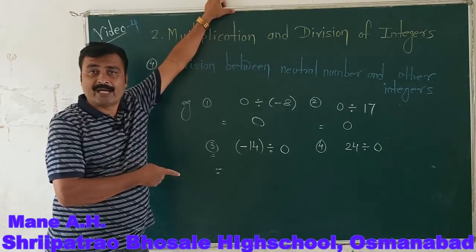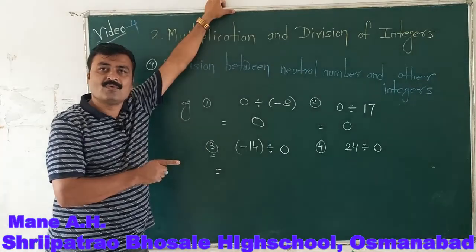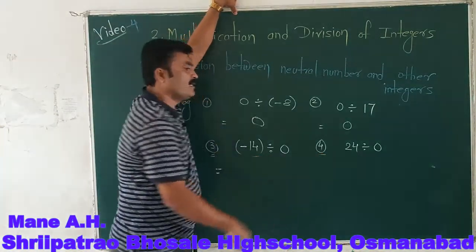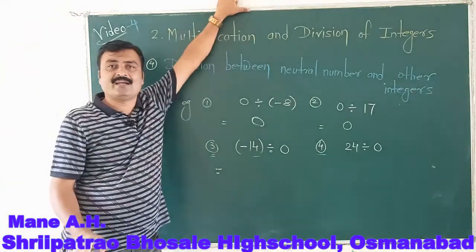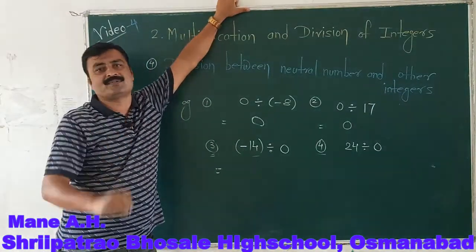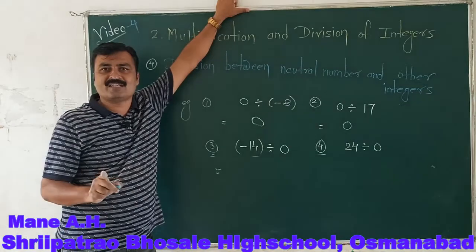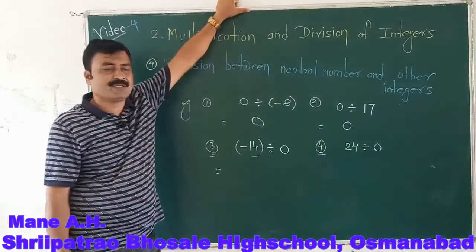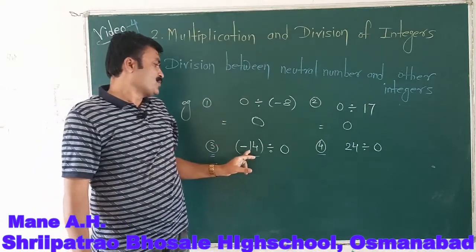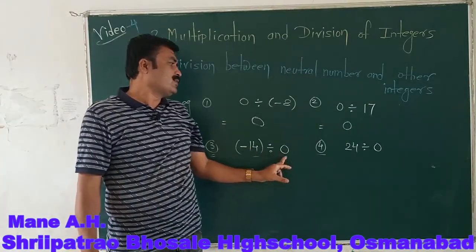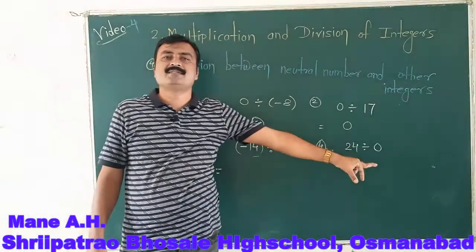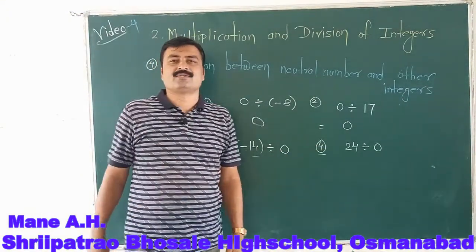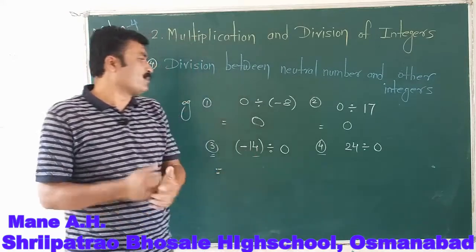If you think about what the quotient of these two examples will be, then you should know clearly about the division process. So I am not explaining further information about these two examples here. What is the quotient of minus 14 divided by 0 and 24 divided by 0? You have to find out this information.